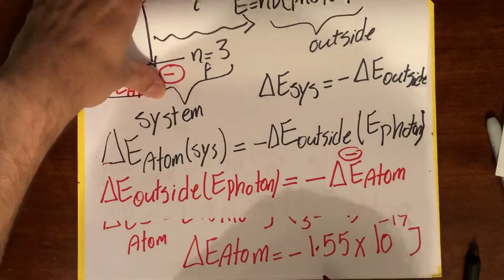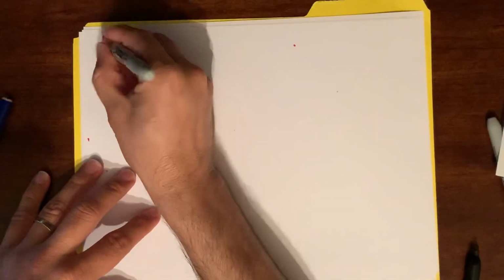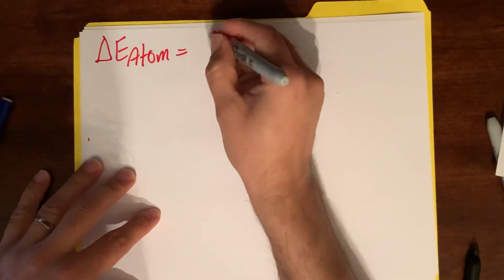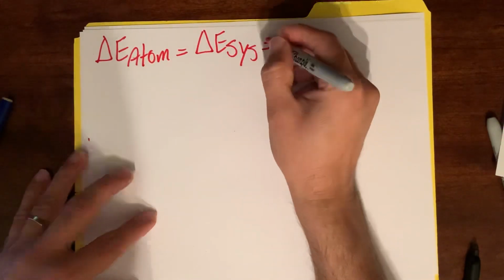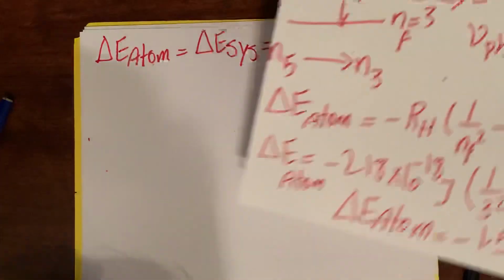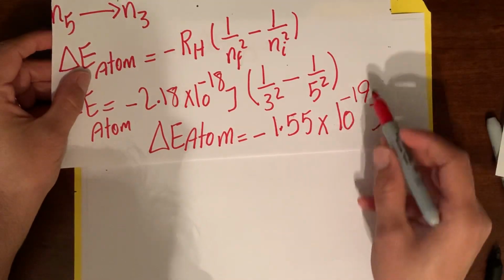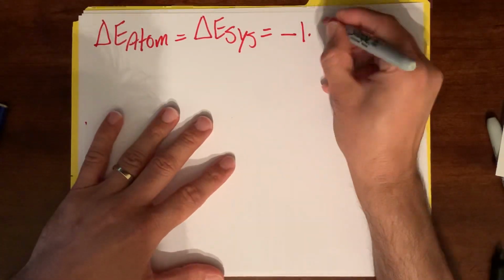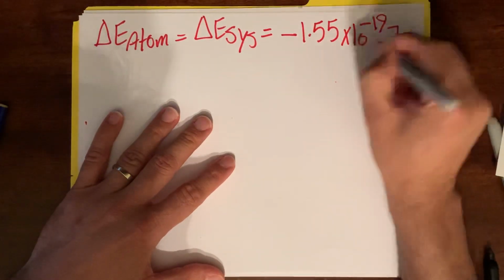So let's move forward and calculate frequency. So we go with this. Delta E of the atom equal to delta E of the system. And delta E of the atom, we just got it, equal to minus 1.55 multiplied 10 to the power of minus 19 joule.